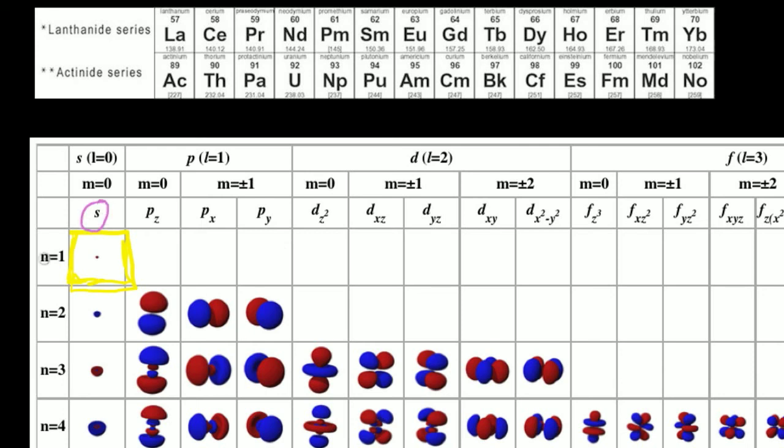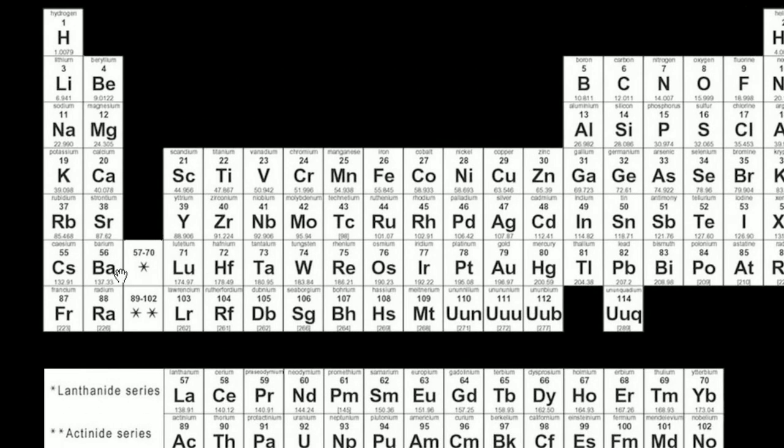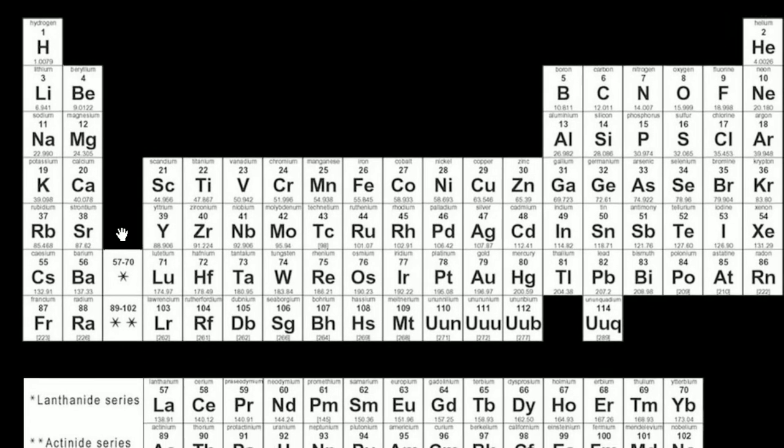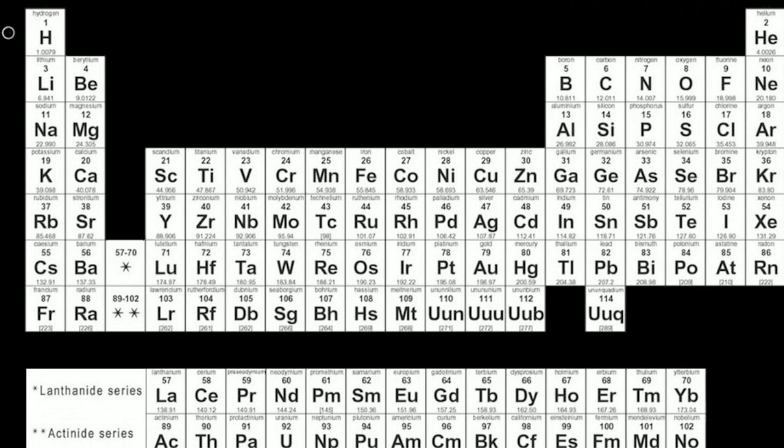You also see over here this n number, n equals 1. This n number is going to correspond to the period on the periodic table. If you remember the periods from the previous video, they're just the rows across.